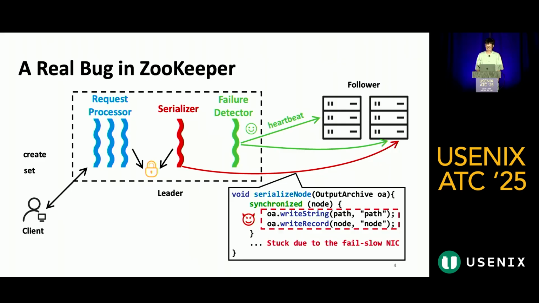The request processor in ZooKeeper acquires the lock held by the serialize thread. However, the serialize thread is stuck. As a result, the request processor is also stuck. Finally, the client will get an error code from the leader. If the client sends a read-type request, the client will get correct results.